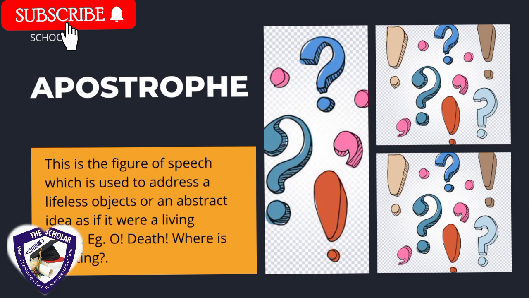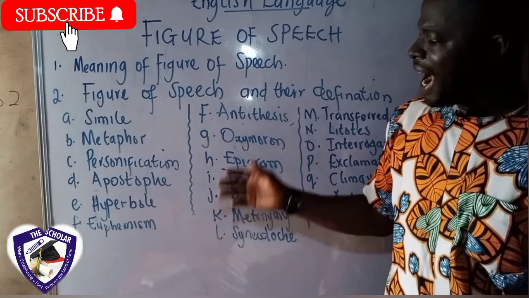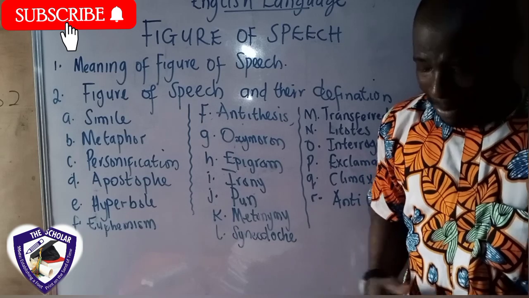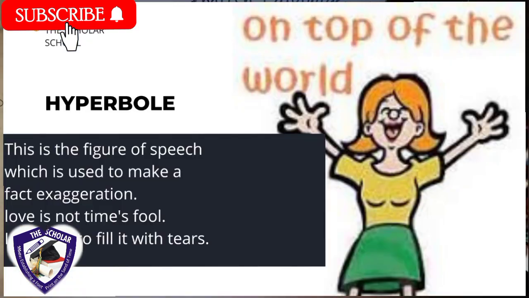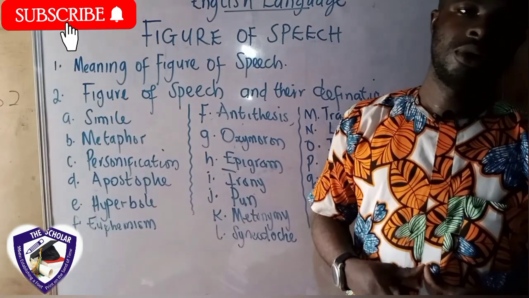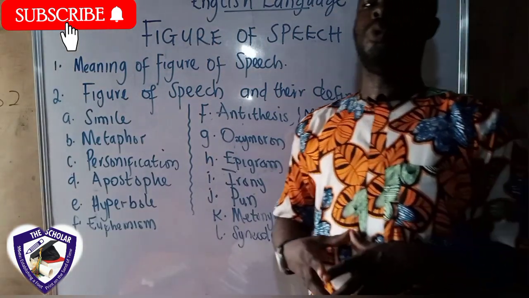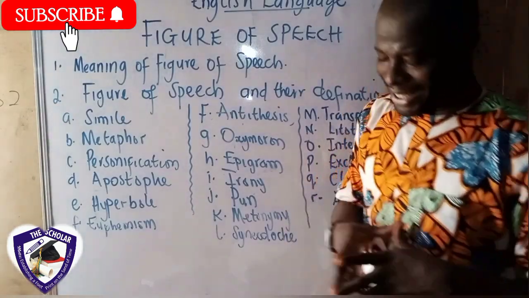So then we move to the next, which is hyperbole. So what do we call hyperbole? It's a figure of speech which is used to make facts exaggerated. That is what we refer to as hyperbole. So, for instance, if I say that all the perfumes of Arabia will not sweeten his little hand.